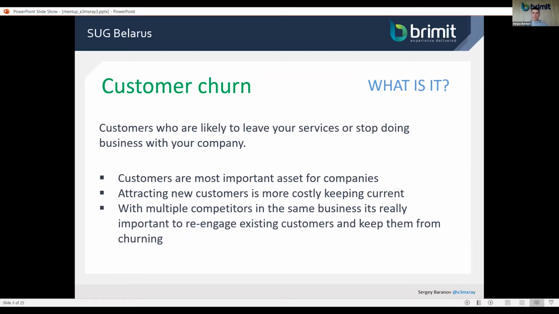As you know, for companies, customers are the most important asset, and sometimes it's very hard to find new customers because it can be much more expensive than keeping our existing customers. And of course, if companies have business in the same area, it's very important for a company to keep existing customers from churning.